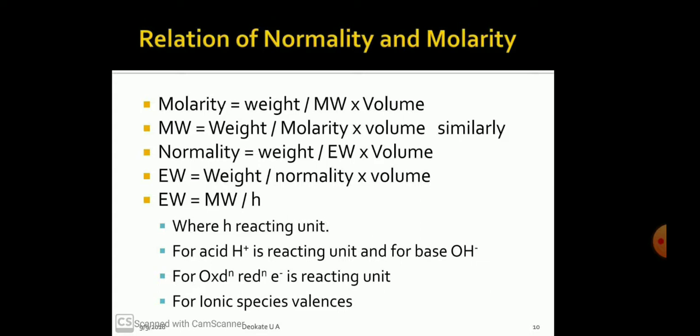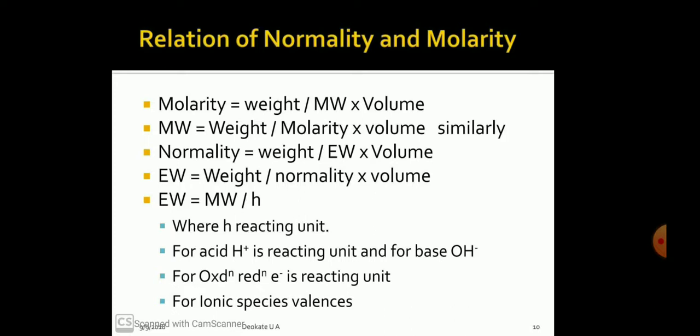Equivalent weight is equal to weight divided by normality times volume. The equivalent weight is equal to molecular weight divided by H, where H is the reacting unit. For an acid, H plus is the reacting unit, and for a base it is OH minus. For oxidation reduction, the electron is the reacting unit. For ionic species, it is the valence. As for the difference, molarity refers to the molar solution and normality to the equivalent weight.